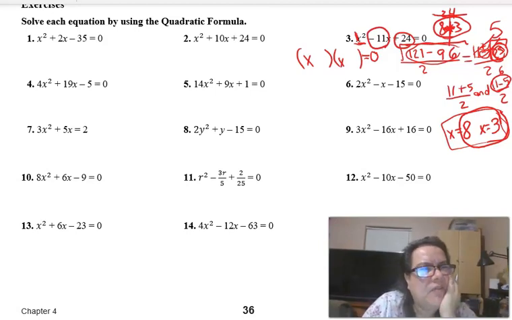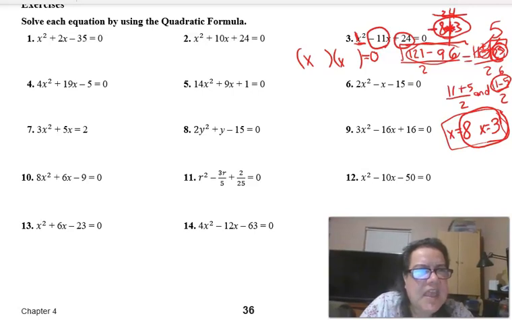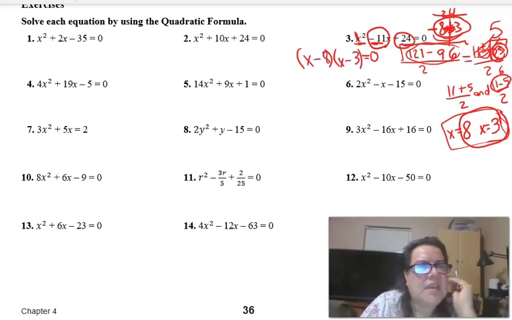Ooh, but I have to be careful, right? Remember, whenever you're doing these, it's always the opposite. Doesn't this have to be negative and this have to be negative? Because negative 8 plus negative 3 is negative 11, and 8 times 3 is 24. So I actually have to make sure I do that. So remember, the opposite of these is what you have in the factors.